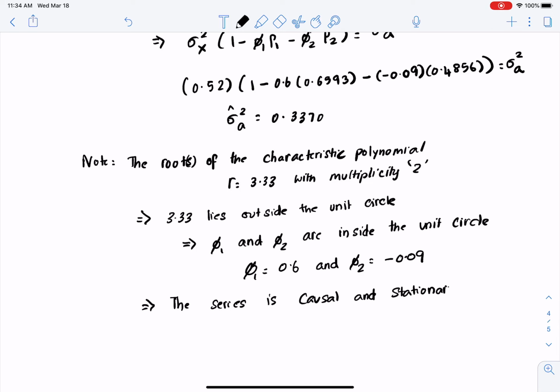So, in short, if the series is causal and stationary, the roots of the characteristic polynomial would lie outside the unit circle, and the phis of the model would lie inside the unit circle.